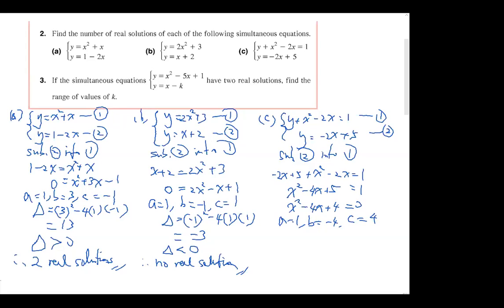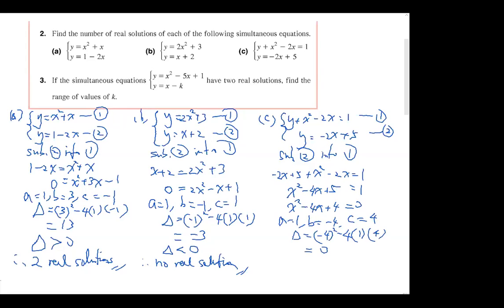Then we can calculate the delta. Delta is equal to b squared minus 4 times a times c. So that should be equal to 0. So delta is exactly equal to 0, which means that we are in case 2.